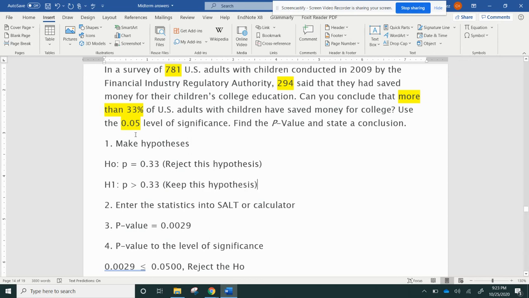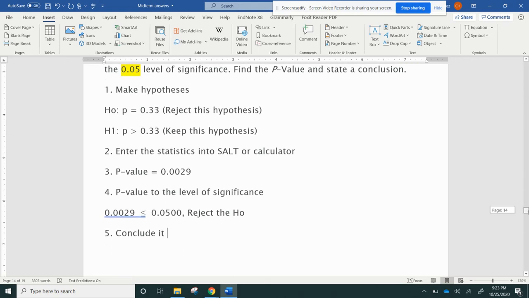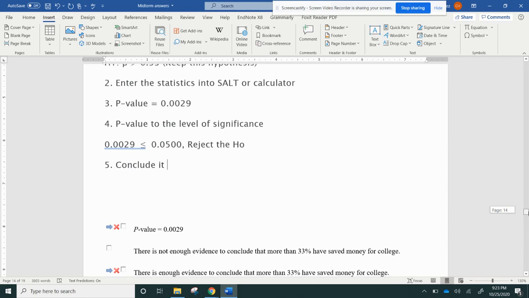All right, so I found my p-value. So what it's telling me is because I kept my hypotheses, now I'm going to conclude it. So the last thing is I'm going to conclude it. And I know that the proportion is greater than 33%, okay? So I've got the correct p-value.